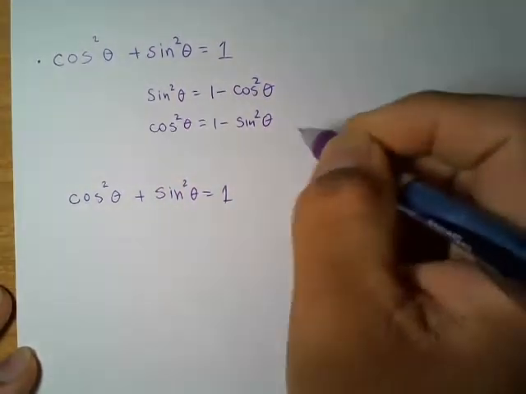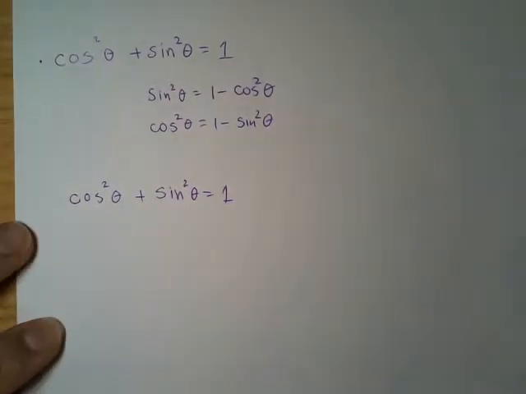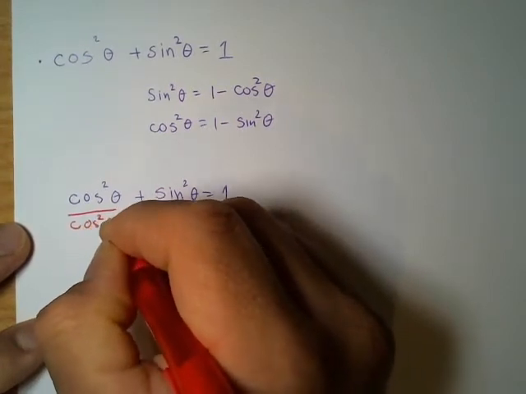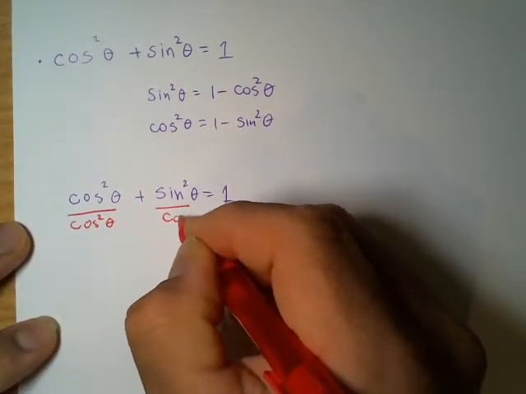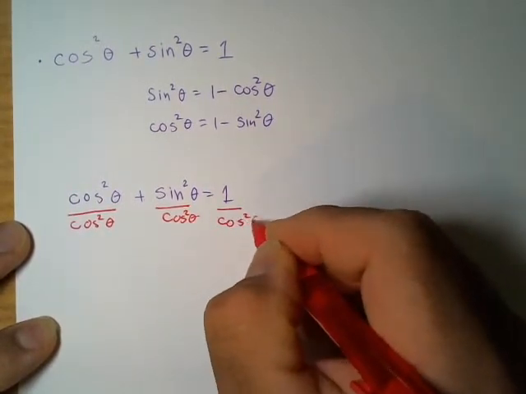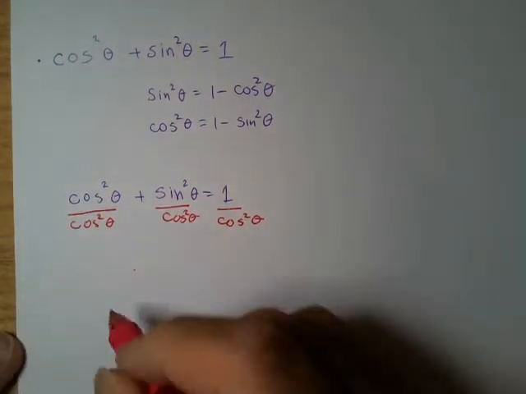Let's say that we take our trig identity here and we divide through by, let's say, cosine squared. It's an equation, so you just divide every single term by cosine squared. And then we see here this becomes 1.